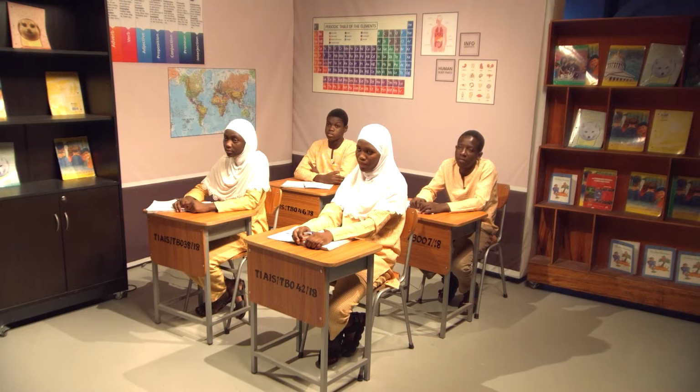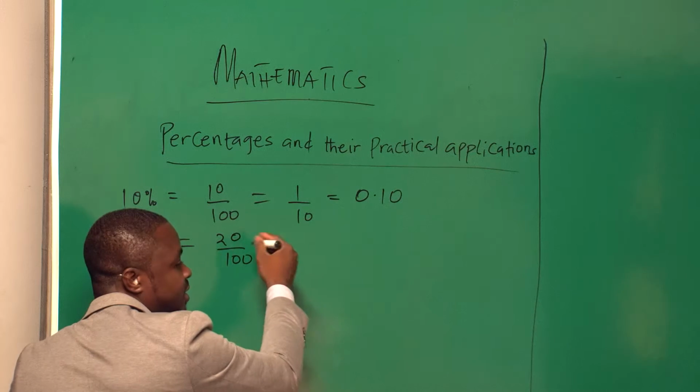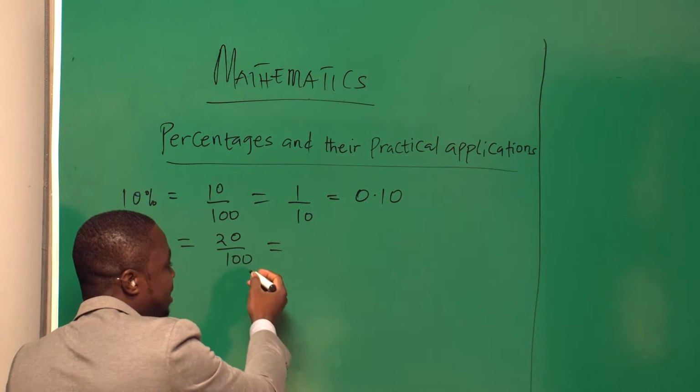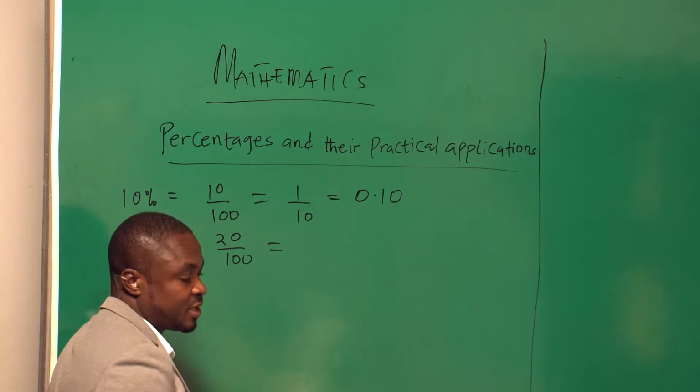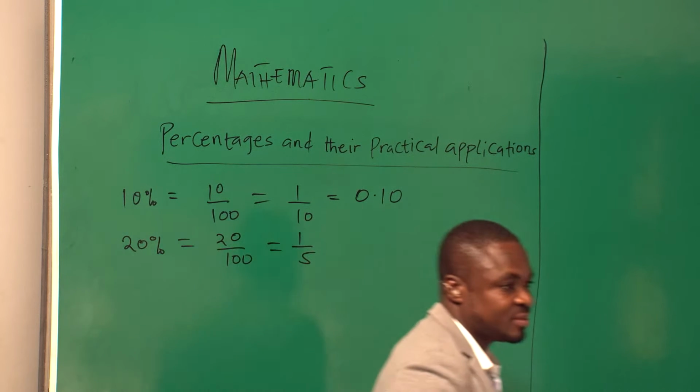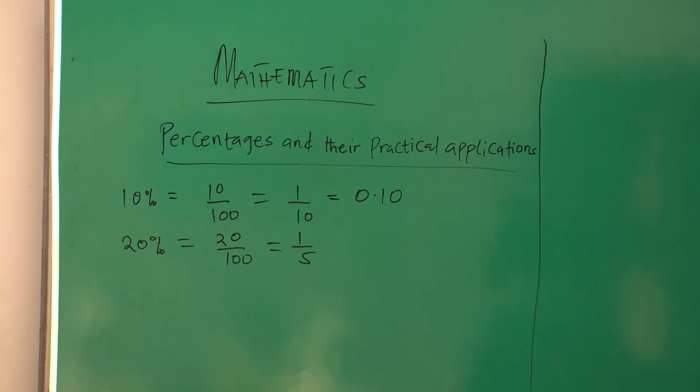That's okay. So 20 goes into itself once and goes into 100 5 times. So you end up with 1 over 5. Are you okay? So you can reduce 20 over 100 to 1 over 5, which is a fraction.